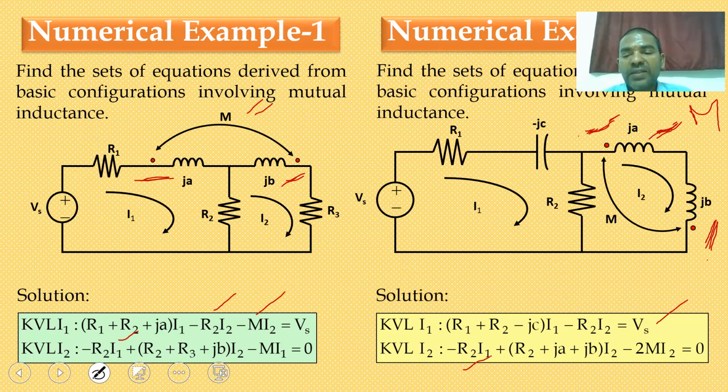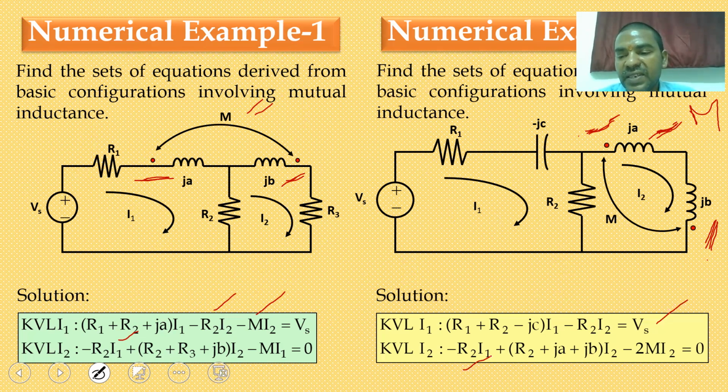So R2 plus JA plus JB into I2 minus. Here, with respect to the first coil, the mutual inductance with respect to the second coil current, that is I2 only, and with respect to the second coil, the mutual inductance with respect to the first coil, that current is also I2.